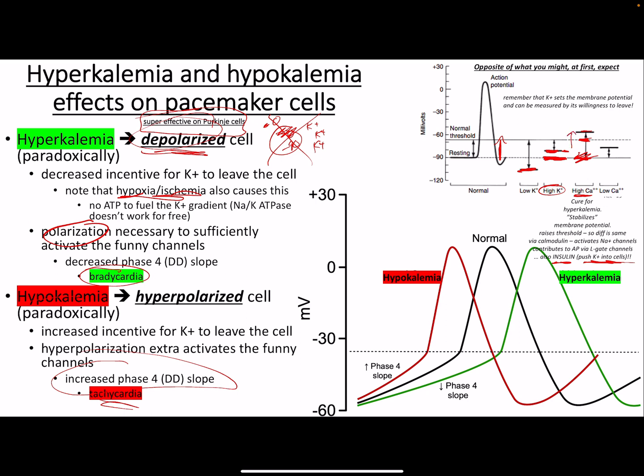Getting from here to here, we've raised the resting potential. So if we raise the threshold potential, the actual difference between those might be the same. That is one way that calcium helps. Sometimes people say this stabilizes the membrane potential, but that's really what they mean, it raises the threshold potential so that if it was negative 80 to negative 60, well, now it's negative 70 to negative 50, something like that.